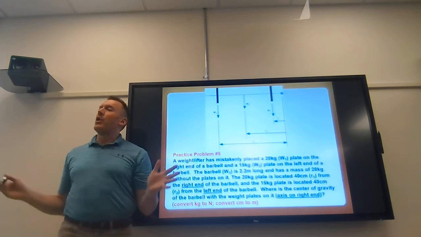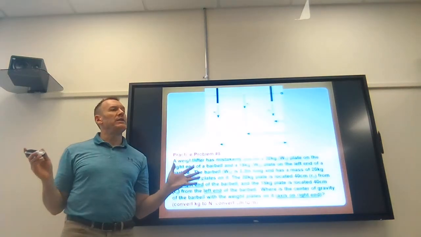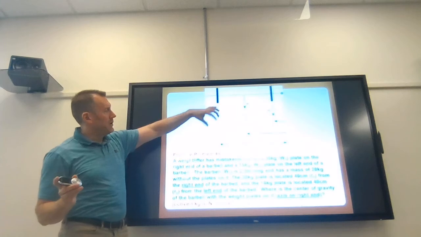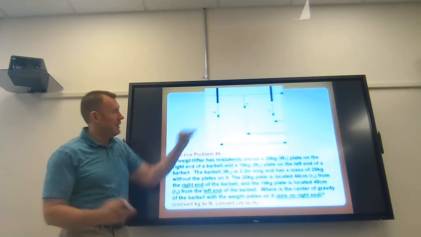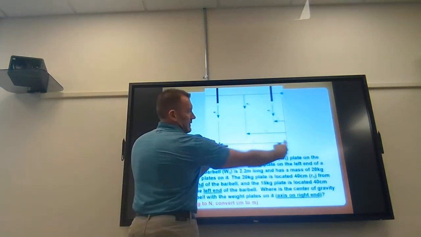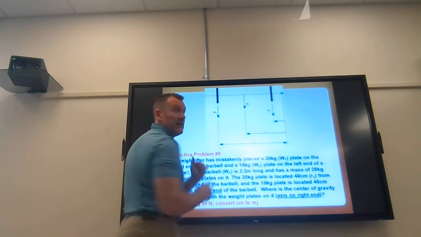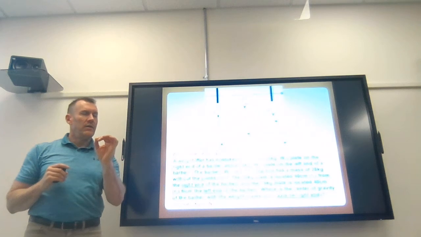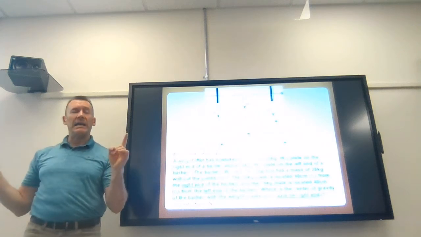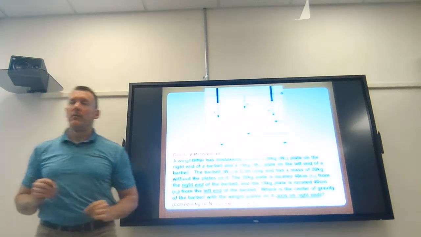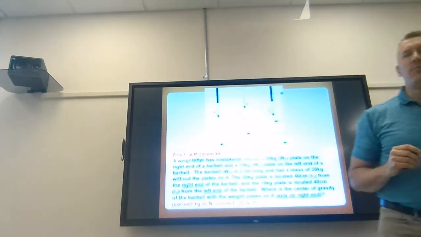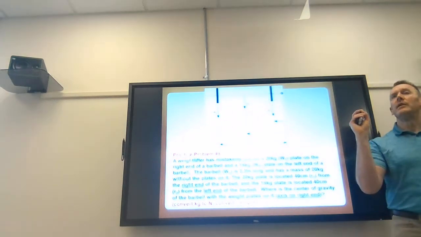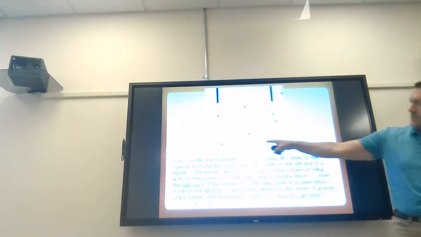So if you know that the barbell is 2.2 meters, and this plate is placed 0.4 meters from the left end, can you solve for what this distance would be from our axis to here? So what's 2.2? That's the total length of the barbell minus 0.4. 2.2 minus 0.4 is equal to what? 1.8 would be this distance.